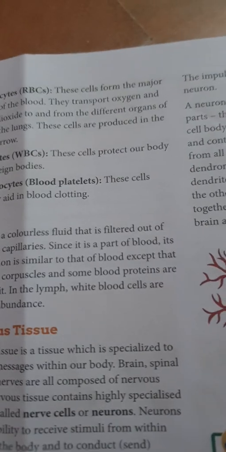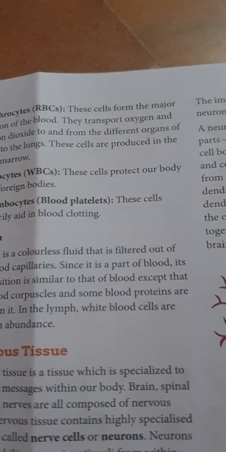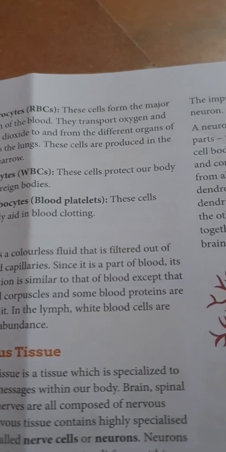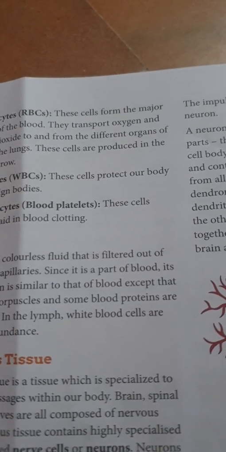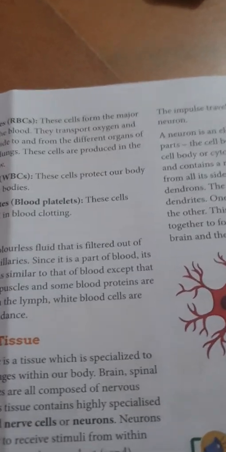Now we are going to read about the erythrocytes or the types of blood cells. I will describe what the types of blood cells are. We have seen blood consists of cells known as formed elements of the blood.